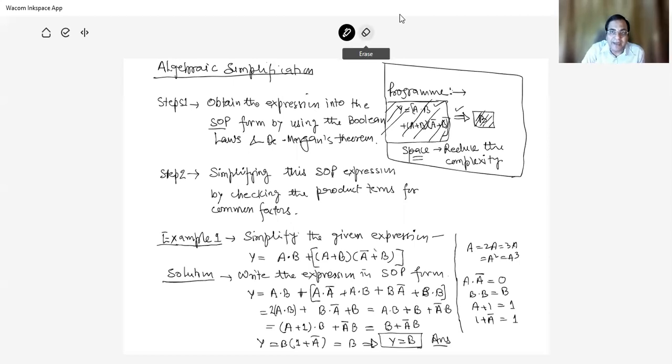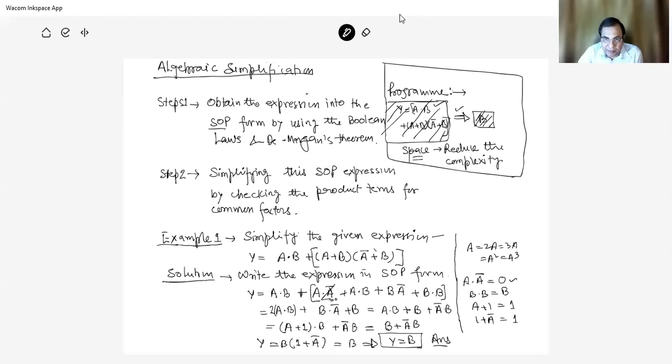A multiply with A bar is 0, using the AND gate. So A plus A bar form gives 0.